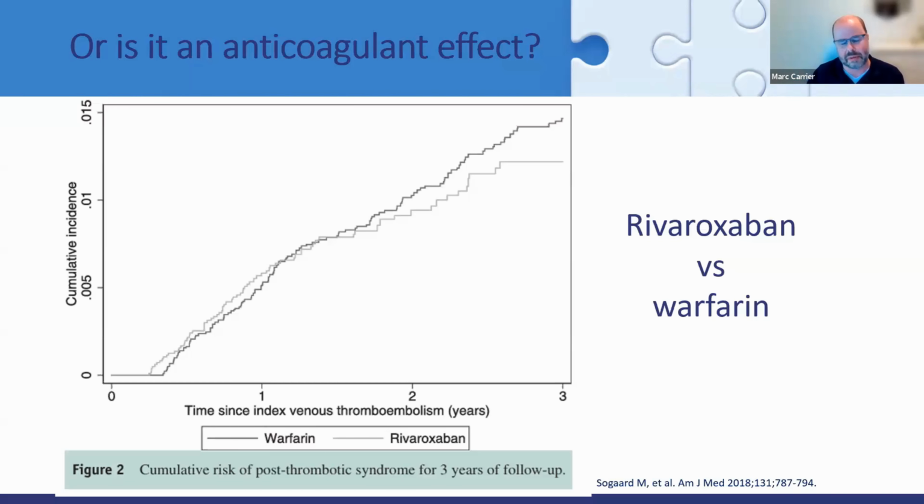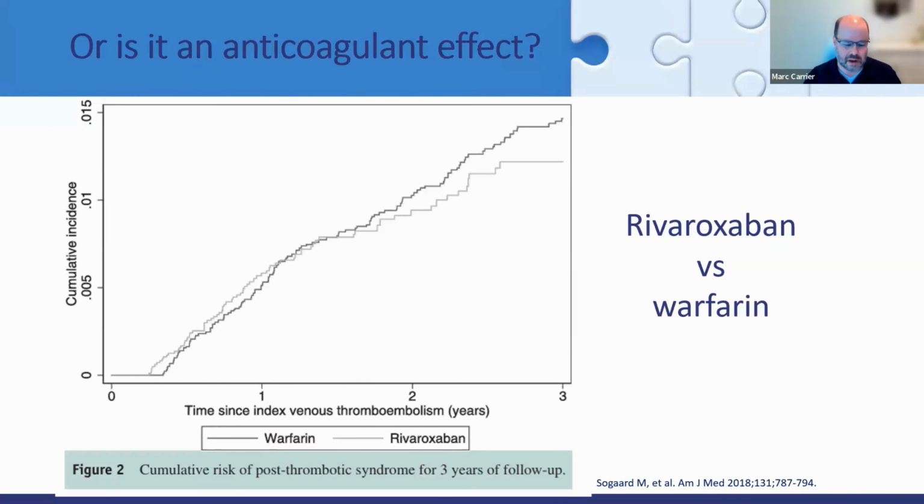The hazard ratio is about 0.88, but it did not reach statistical significance in that particular setting. There's a post-hoc analysis of the Einstein studies showing somewhat similar findings. So maybe rivaroxaban or direct oral anticoagulants may be associated with a slightly lower risk of PTS, however never reaching clinical significance. So I guess we won't know.